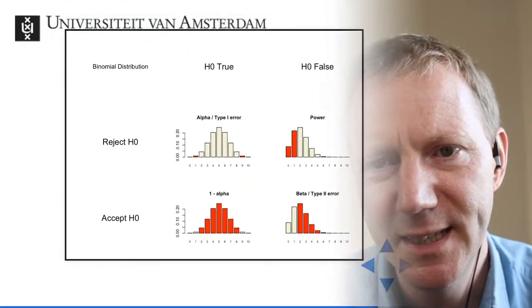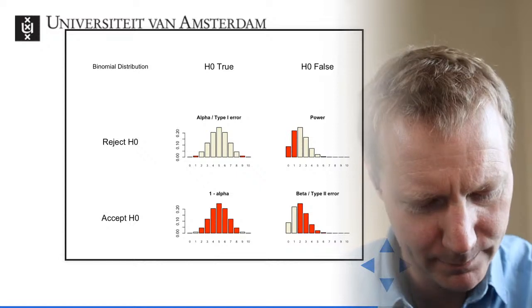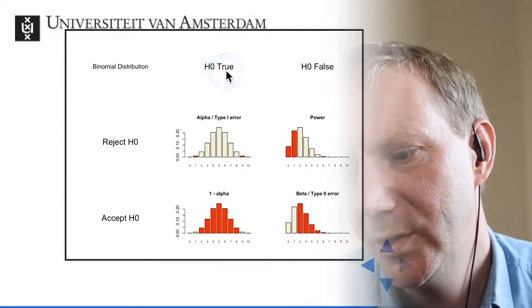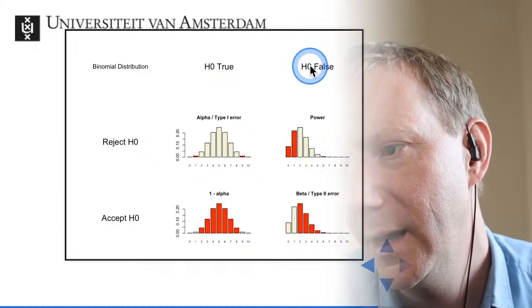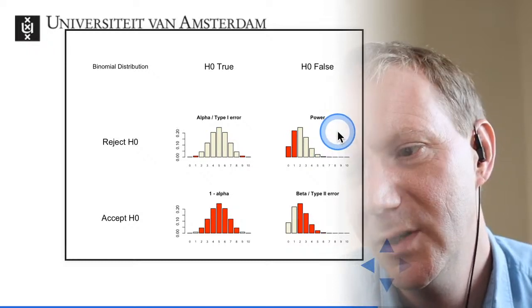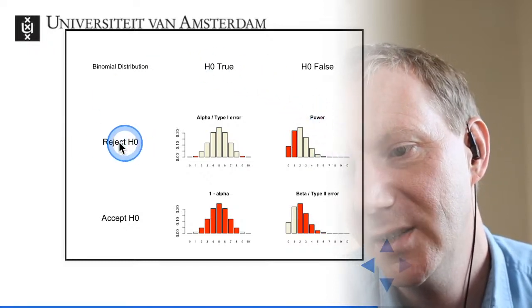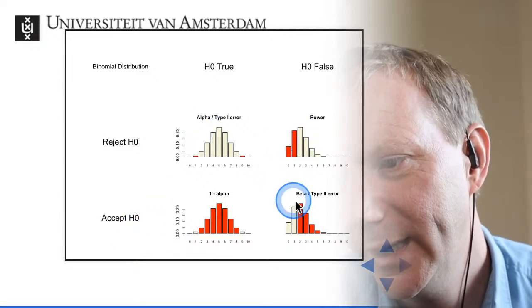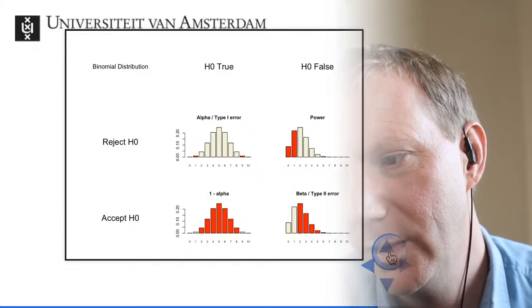And that's this one. This is the decision scheme that we had. Assuming the null distribution to be true, assuming it to be false, and filling in a specific alternative distribution, and then rejecting the null or accepting the null, and it's coloring in the regions that you would have for this one.